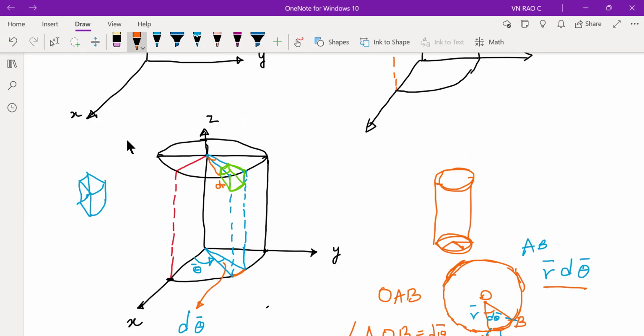We have dr, that means dr bar. In our notation scheme, we say r bar, theta bar, and z. Cylindrical coordinates are given by r bar, theta bar, z. Now this is dr bar and then d theta, but this length is also important for us.